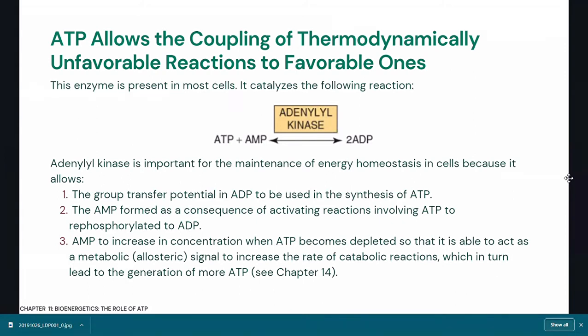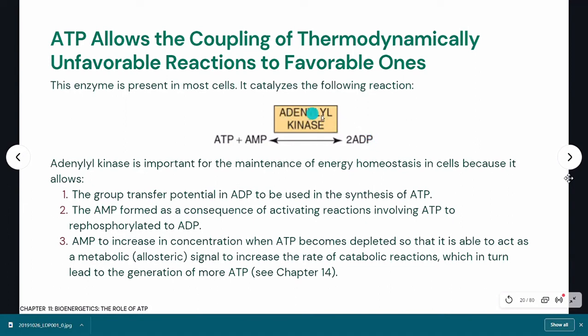Look at this. AMP has already lost 2 of its high energy phosphates, so it cannot supply any more high energy phosphate. It reacts with ATP. One phosphate is added to it, and that makes it ADP. So we now have 2 ADP.